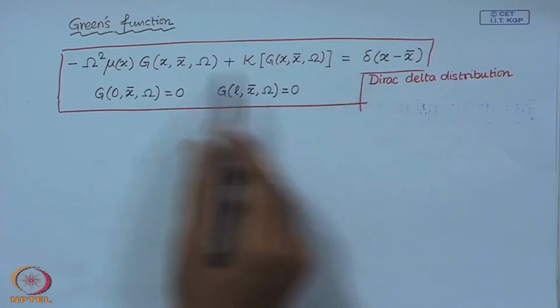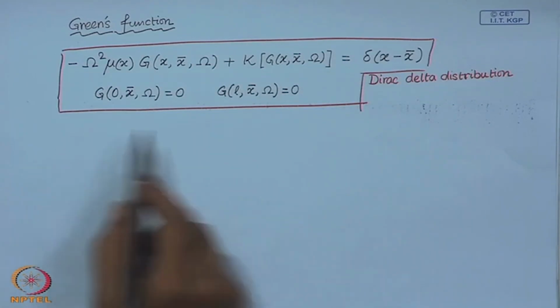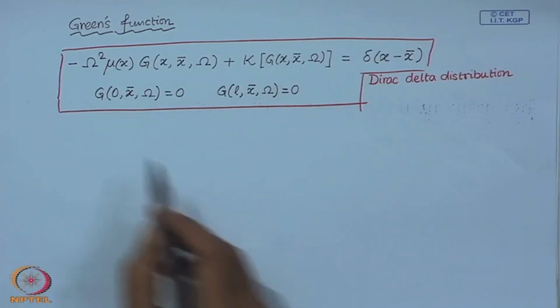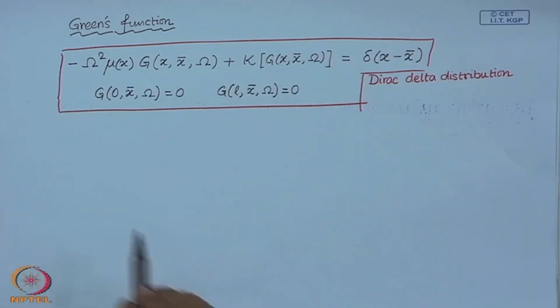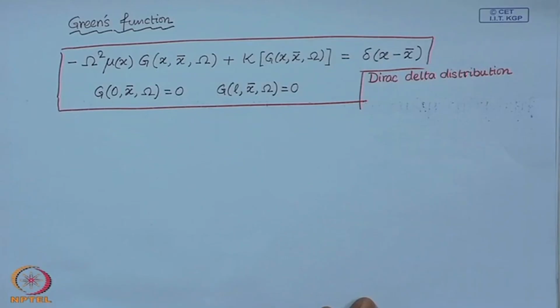Now, when we talk about Green's function, we always use homogeneous boundary conditions. So, the boundary conditions must be homogeneous like this. Now, if it is non-homogeneous, then we have discussed in one of our previous lectures how to homogenize the boundary conditions.